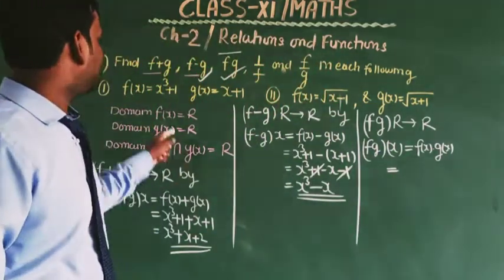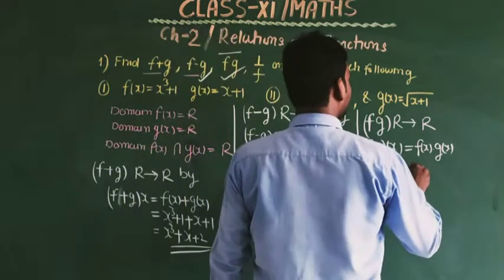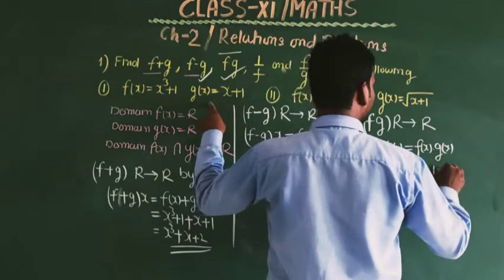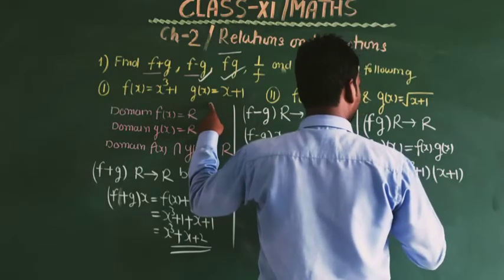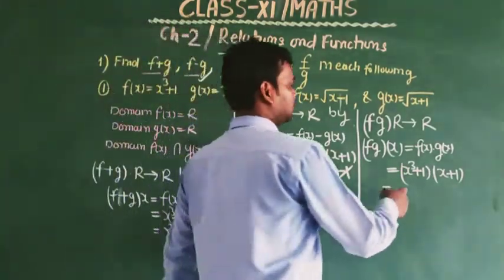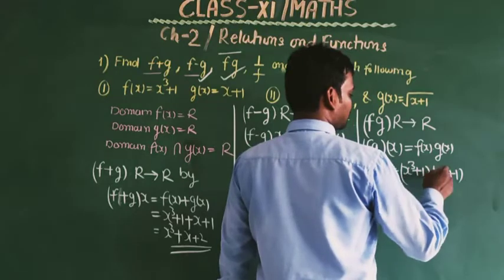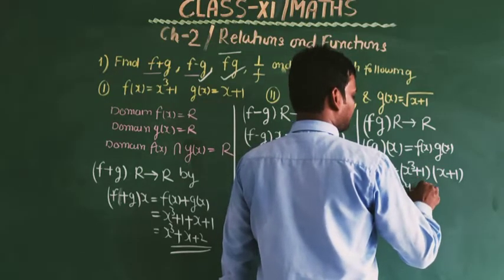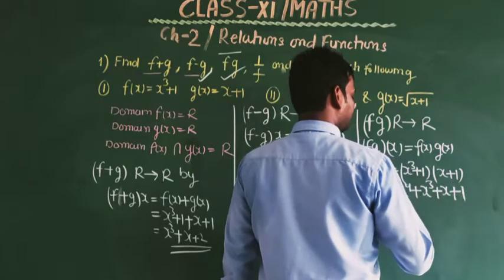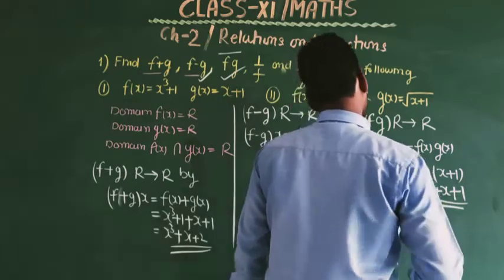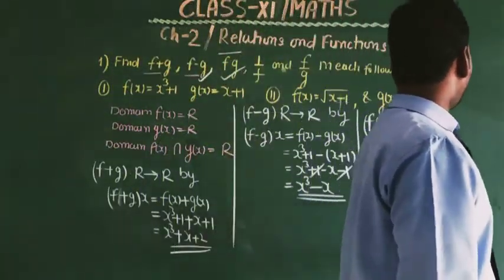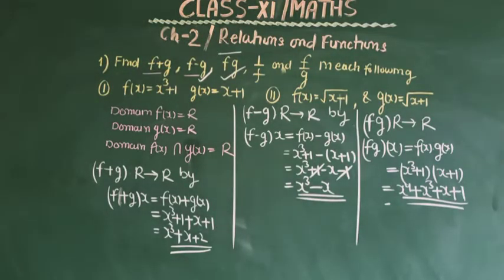The value of f(x) is x cube plus 1, and g(x) is x plus 1. Multiplying, x cube by x gives x to the power 4, plus x cube plus x plus 1. So this is the product of the two functions: x to the power 4 plus x cube plus x plus 1.